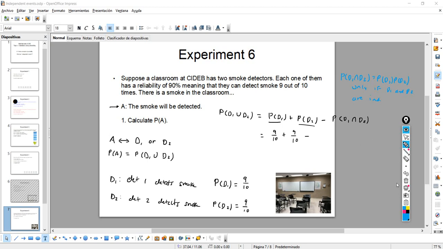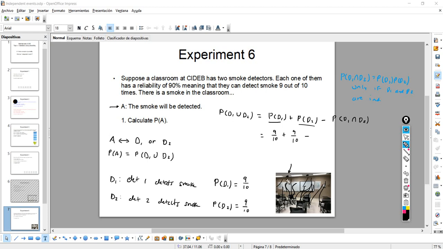Do we know that D1 and D2 are independent? What is D1? The event in which detector 1 detects smoke, and D2 is the event in which detector 2 detects smoke. They are completely independent, guys. Why? Because given the context of the problem, the smoke will be filling the whole classroom, and it will be getting into the detectors, and they're working independently, right?